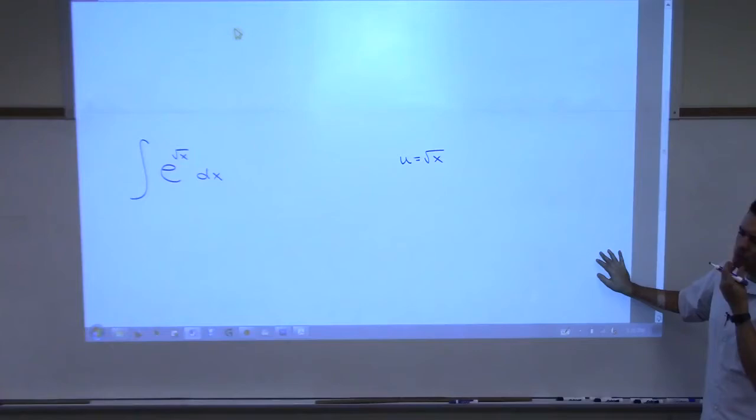But I've already used up u, haven't I? So if I'm going to do integration by parts, I want to kind of start separating myself from the idea of that uv and start thinking more about the formula. The formula says I pick one of these, its derivative goes to the new integral, the other one, the integral goes, right? So the derivative of this will go into the new integral would be just 1 or something like that. 1 du, doesn't matter. And then the integral of this would go into the new integral, and I can integrate cosine u. Couldn't integrate cosine theta squared, but I can integrate cosine u.